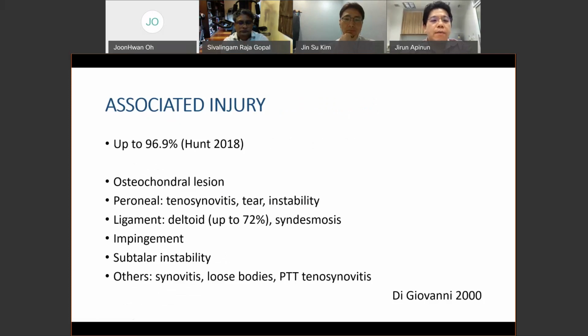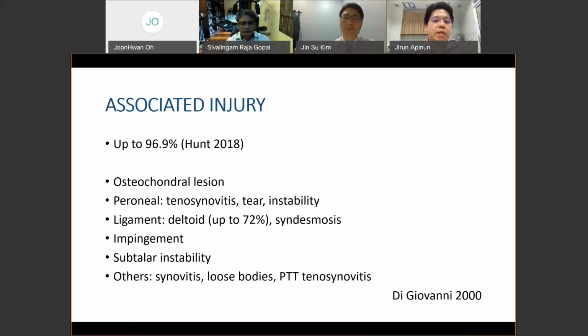Okay. In chronic ankle instability, up to 96.9% can have associated injuries, for example osteochondral lesion, peroneal tendon pathology, either tenosynovitis, tendon tear, or instability of the tendon.